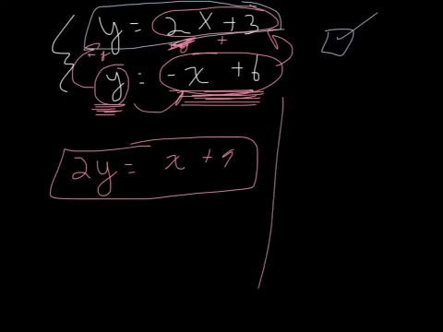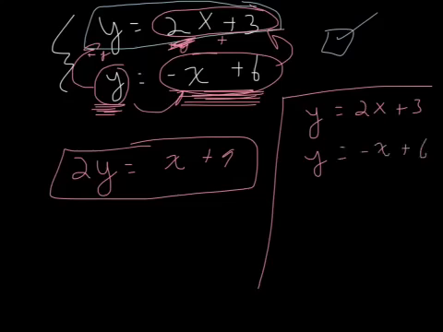But instead, let's consider what would happen if I didn't add them, but I subtracted them. Essentially I'm taking two equations and combining them because the left-hand sides are equal and the right-hand sides are equal.